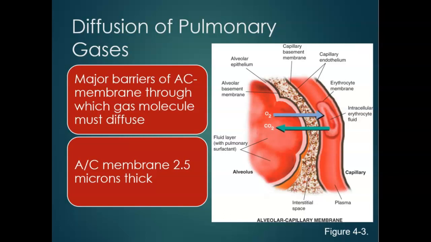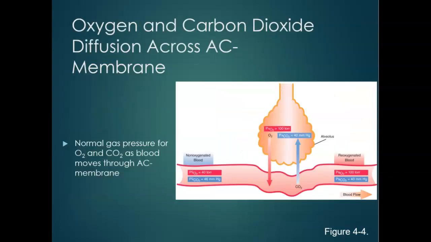Okay, so typically your AC membrane should be about 2.5 microns thick, which is super, super small. Okay, so that normal gas pressure for O2 and CO2 to move across that AC membrane.